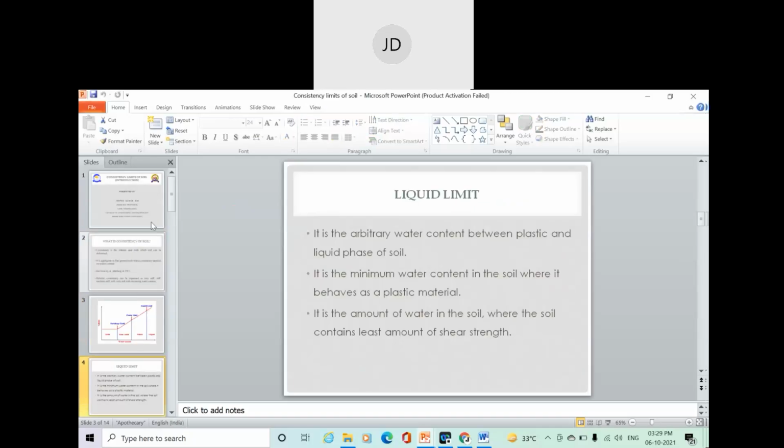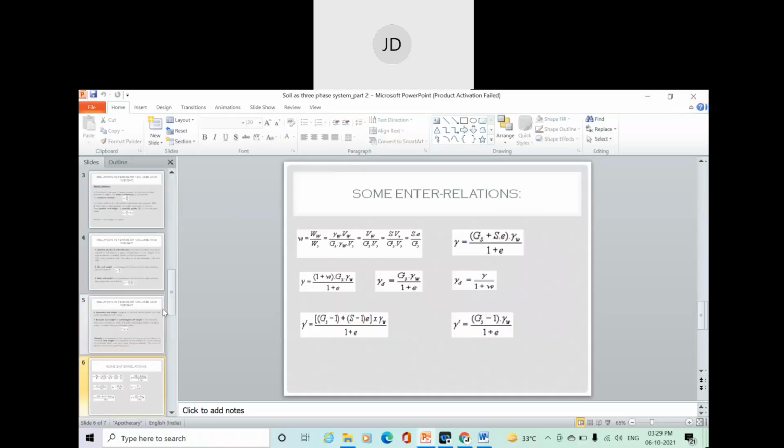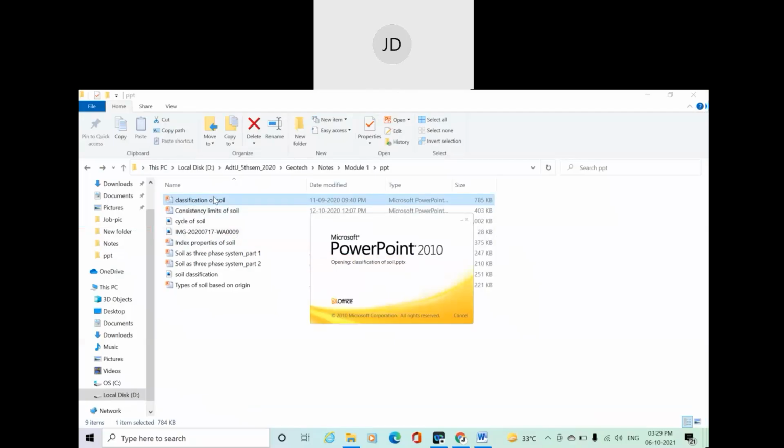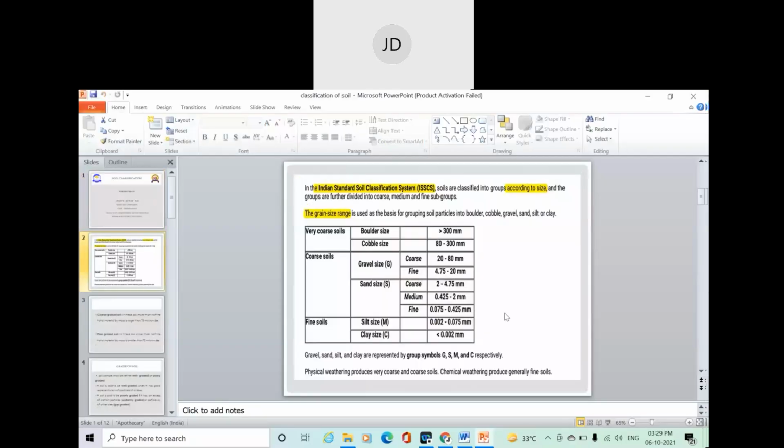Anything else? These things are already discussed here. Last thing we have to discuss is relative density. Let's see where it went. Okay, in this classification of soil, these things are already discussed. I think this chart was already discussed with you, the Indian standard soil classification system. The soils are classified under two heads mainly: fine grained soil and coarse grained soil, right?